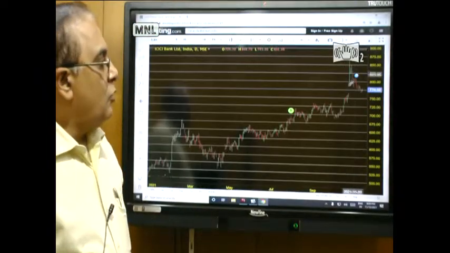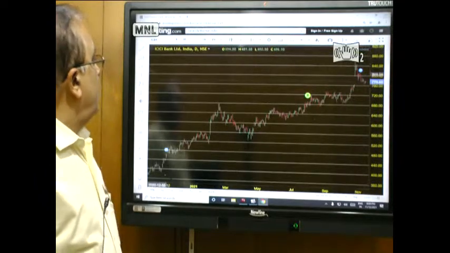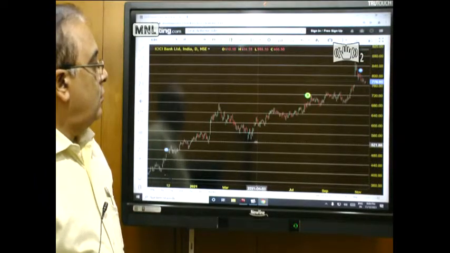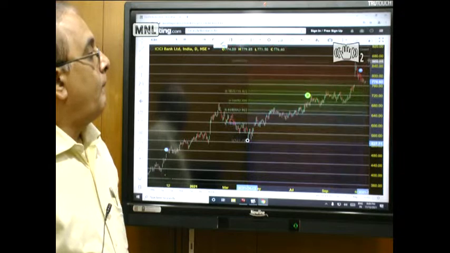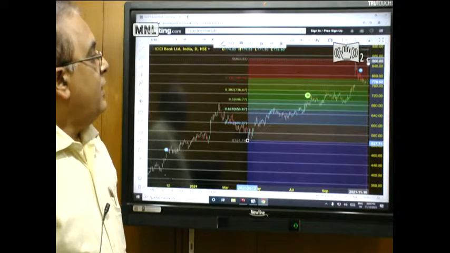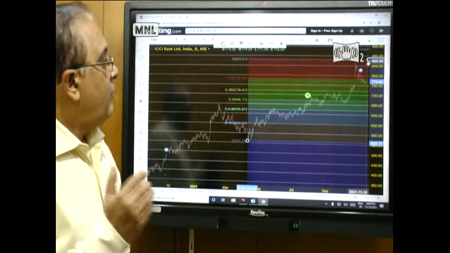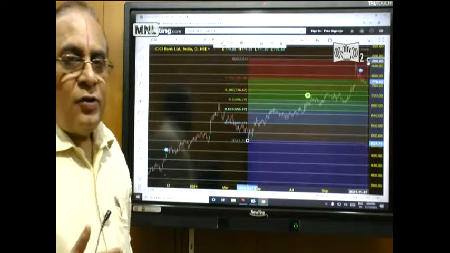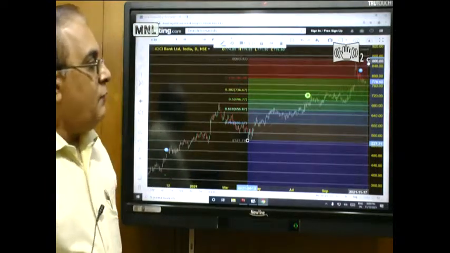Now let's look at the 23.5%, which level it has cut. So this has cut now, so that means this is 23.5% retracement, 786 to 865. So approximately 75 points.